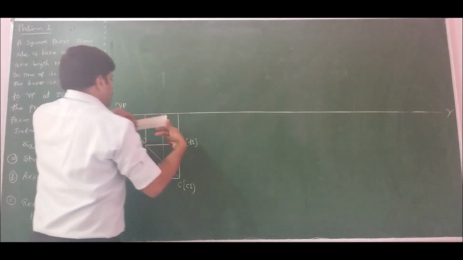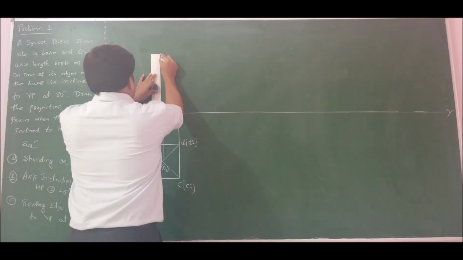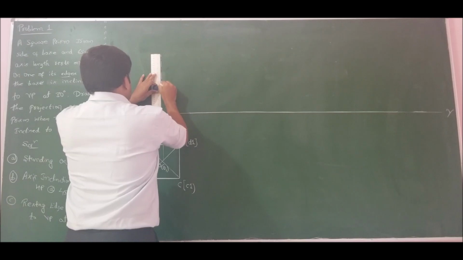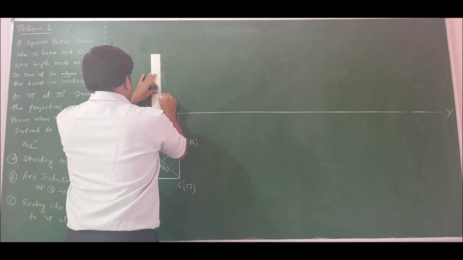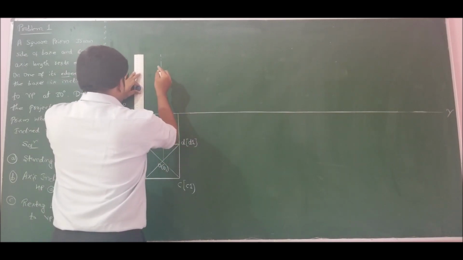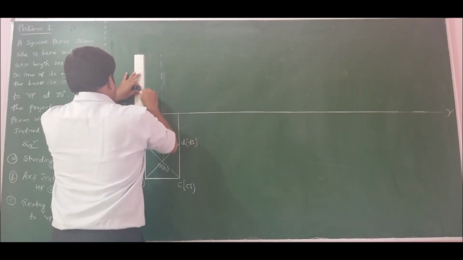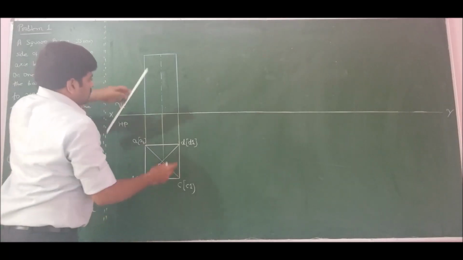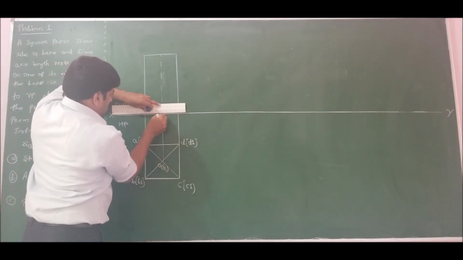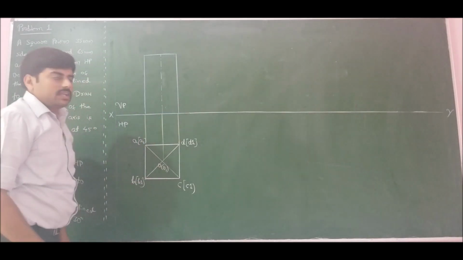So mark 65 mm height. So this completes the front view of the prism whose height is given as 65 mm.